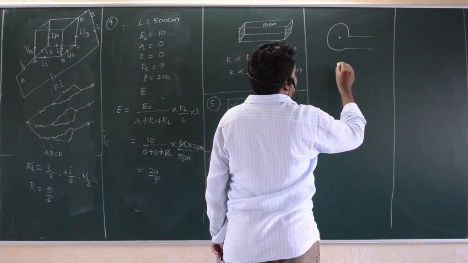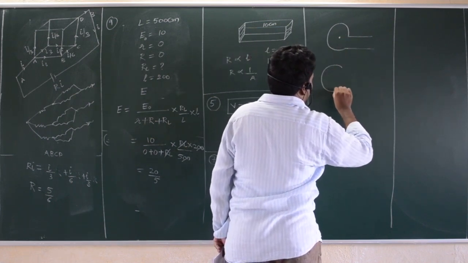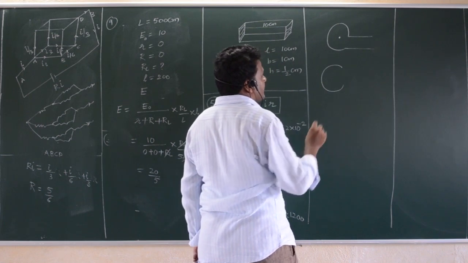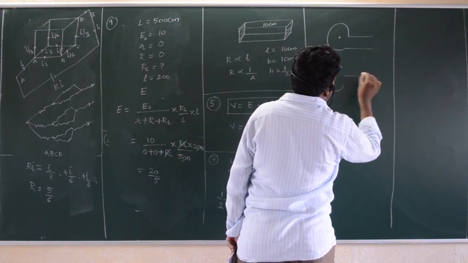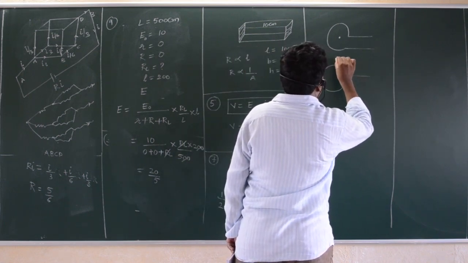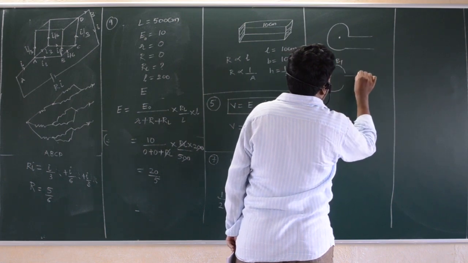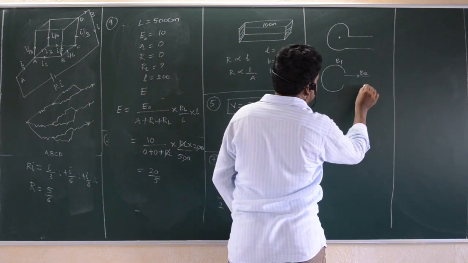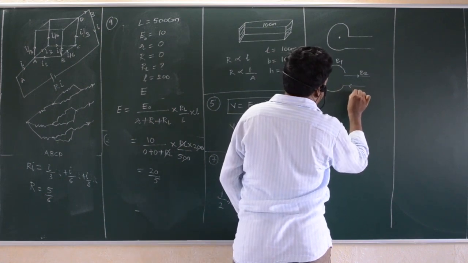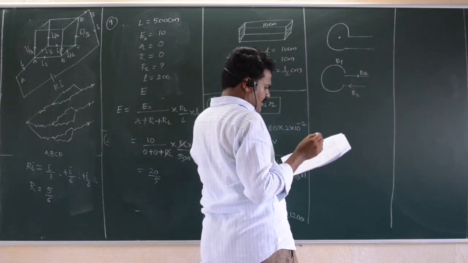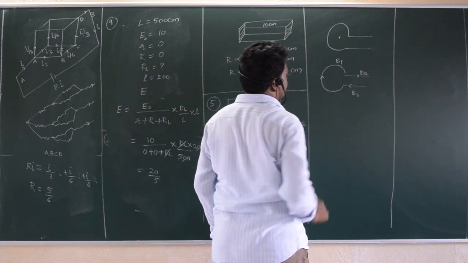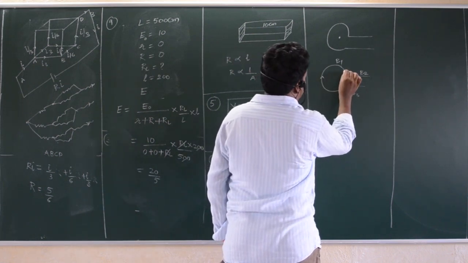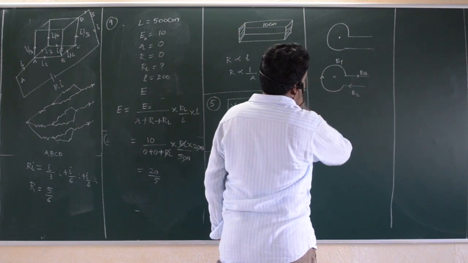So you can split this into 3 parts. 3 by 4 of a wire, you take it as B1, this you take as B2, and this you take as B3, and this is the direction of current. Now the point is exactly at the back of B2.